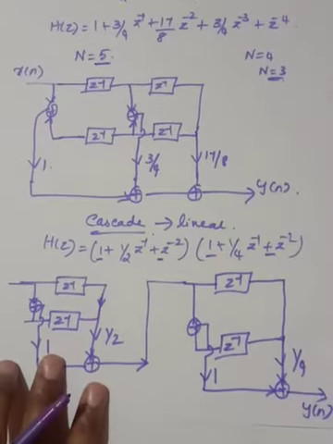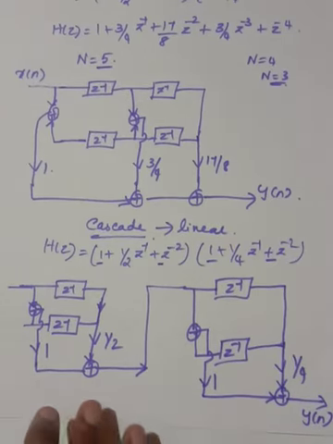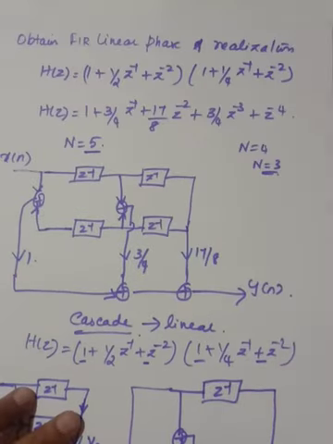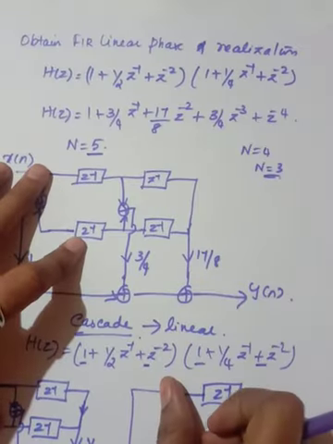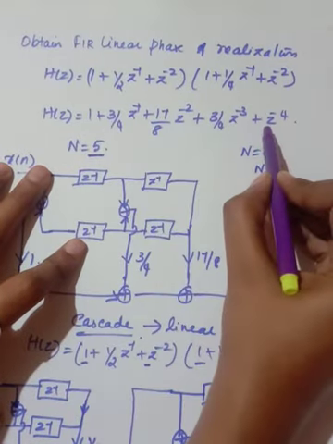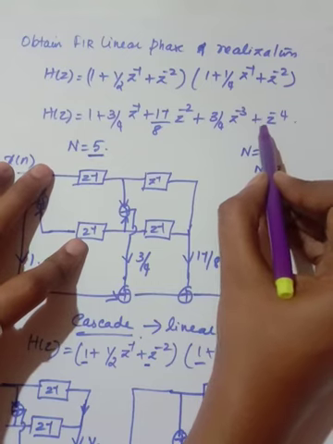Okay, so now we have come to the end of this topic, that is unit 2, FIR filters. Here we need to know the advantage of the linear phase filter. Suppose we realize this structure using direct form 1, how many multipliers are required?